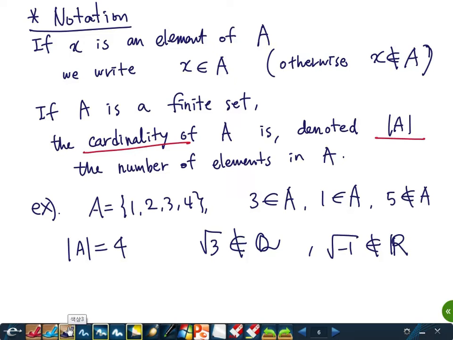And there is a special set that has nothing in it. It's called the empty set. So the set with no element is called the empty set.